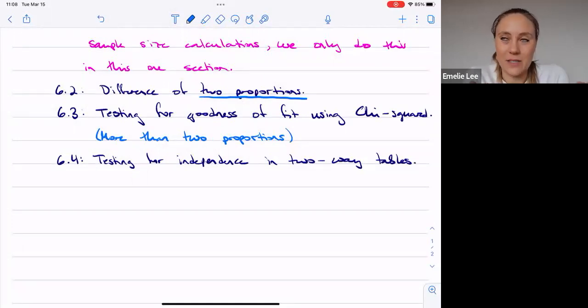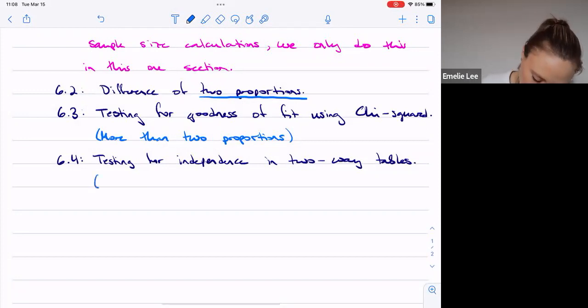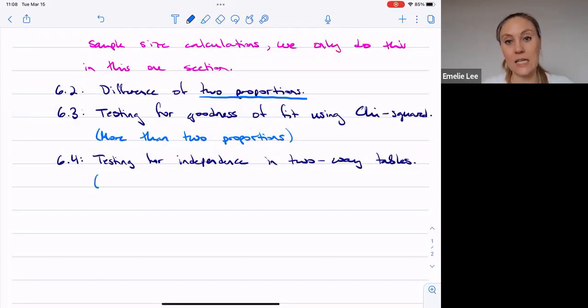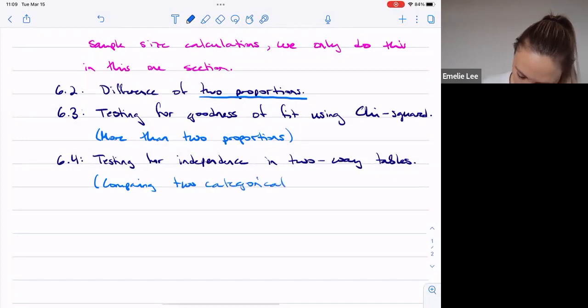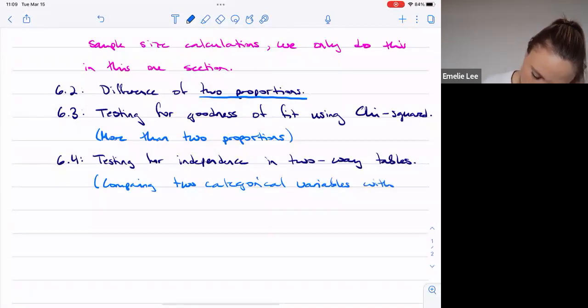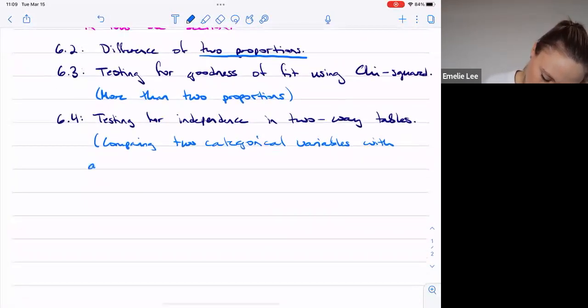In fact, two, I should have said two. So two categorical variables with any number of groups. So comparing two categorical variables with any number of proportions each.